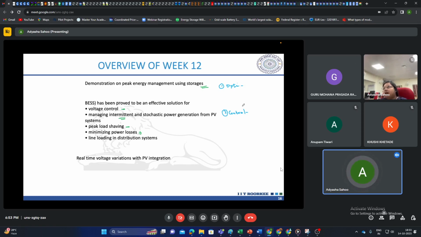Do you remember the hierarchical? Yes, sir. I want to know that this voltage control, basically voltage, we want to maintain between a certain range, which is basically 0.9 to 1.1 at all times, right? So for that, we do this using optimization methods and also by control methods.